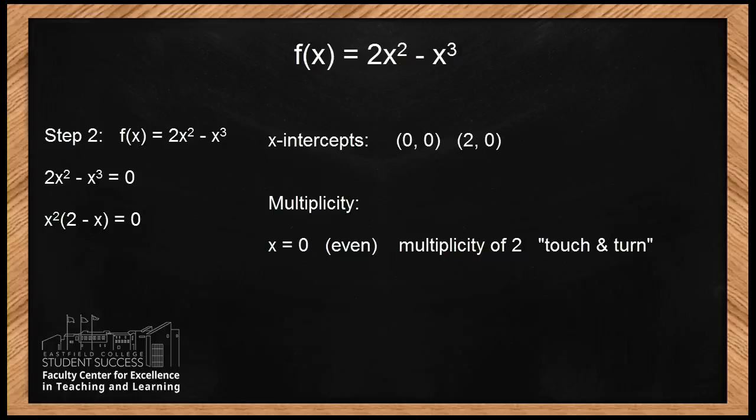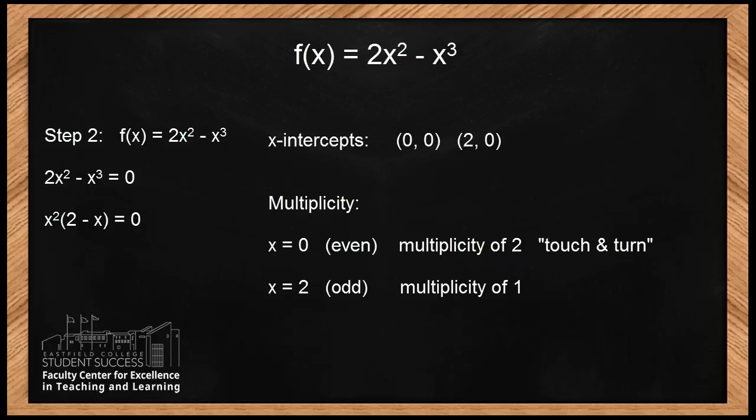Let's look at our next root. Our second root was (2, 0). Let's go back to the factored form of the equation. Notice the exponent, the power, is 1. Well, 1 is an odd number, so we have an odd root of multiplicity.